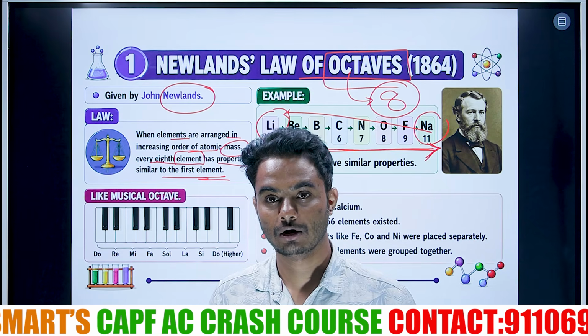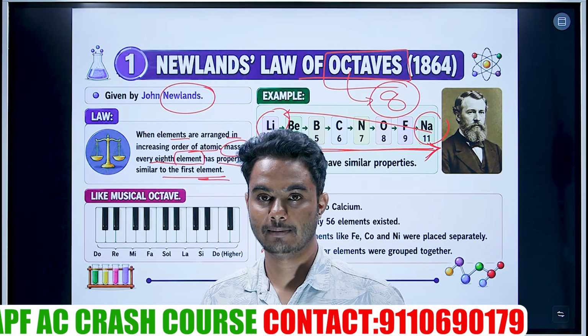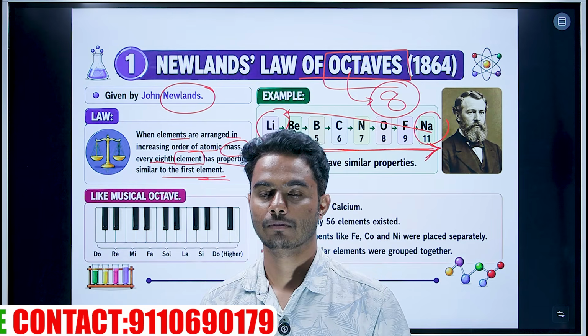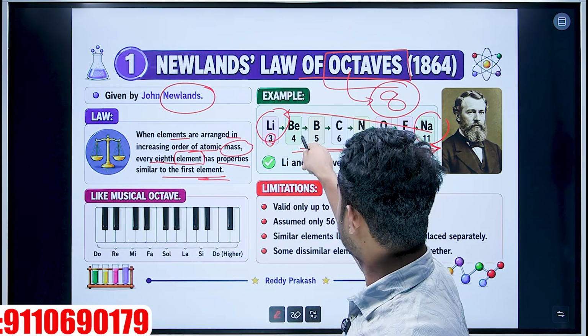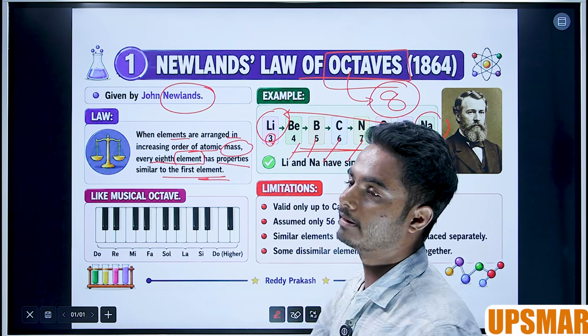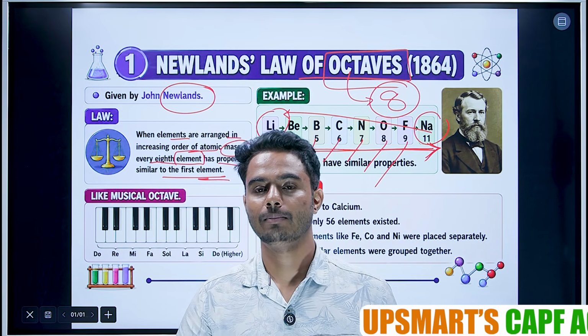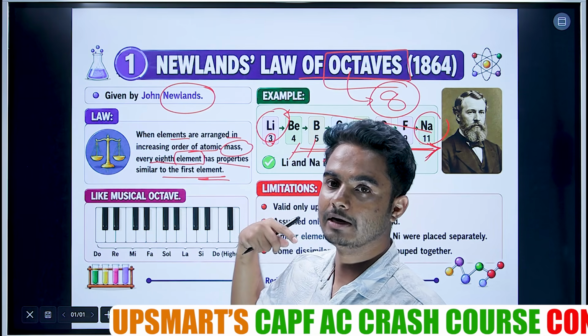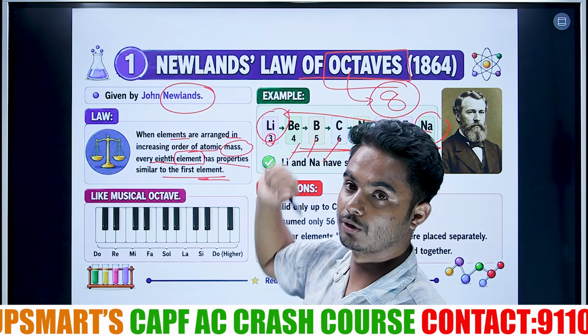You have seen lithium ion battery, sodium battery. We have heard this, right? Why not beryllium battery, boron battery, carbon battery, nitrogen battery, oxygen battery, fluorine battery? Why only lithium ion battery, sodium battery? Because this can be related to Newland's octave rule.